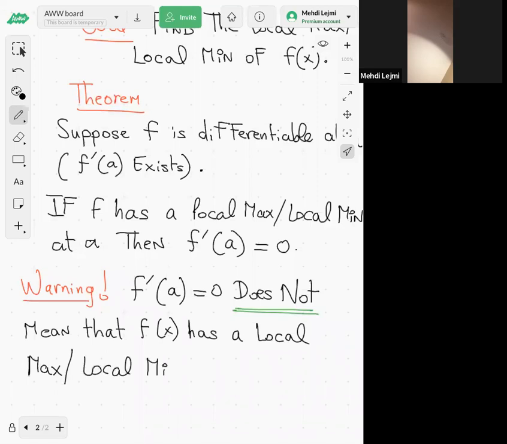If you have a local maximum or local minimum at a, then the derivative is zero. But the fact that the derivative is zero doesn't imply that you have a local maximum or local minimum, right? So here's an example.